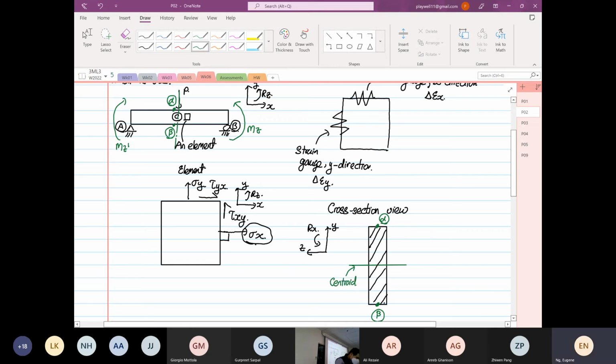By looking at the moment vector, the head of the moment vector is in compression, here it's in tension. So this will be in compression, and the bottom will be in tensile.